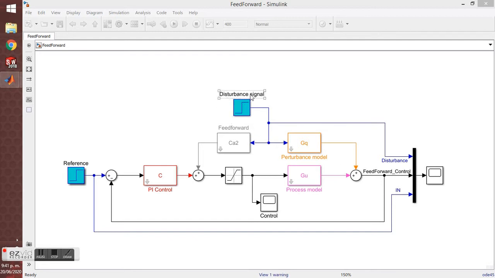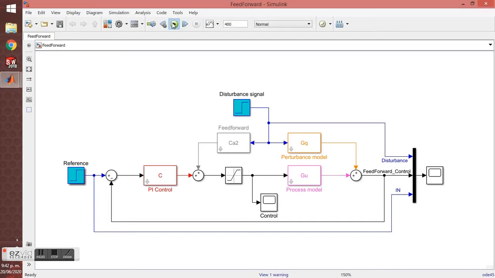That is the disturbance signal, the perturbance model, the feedforward control, and the general process model. Here we have a saturation block, and based on the above, a pole cancellation PI control was designed that was 3 times faster than the plant to achieve that desired control objective.